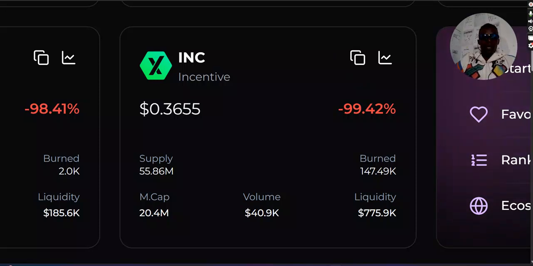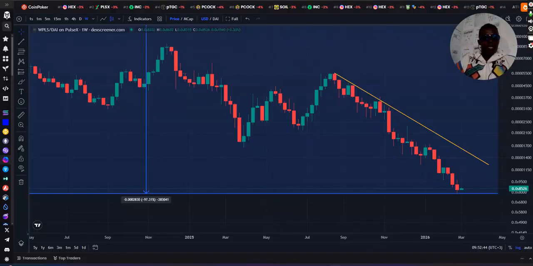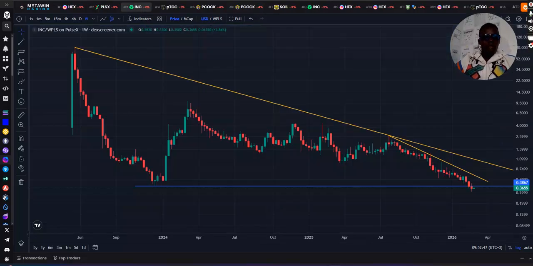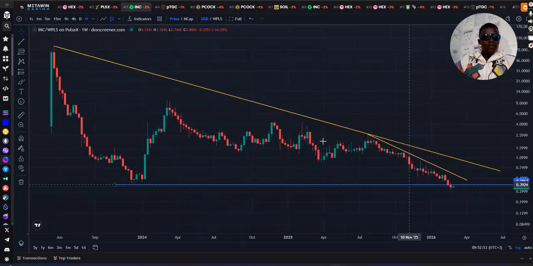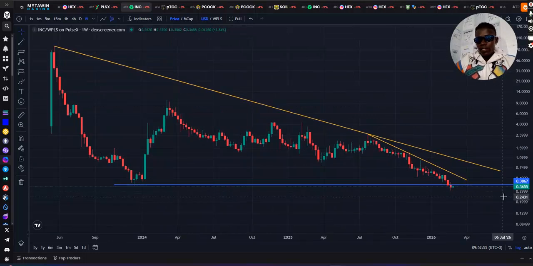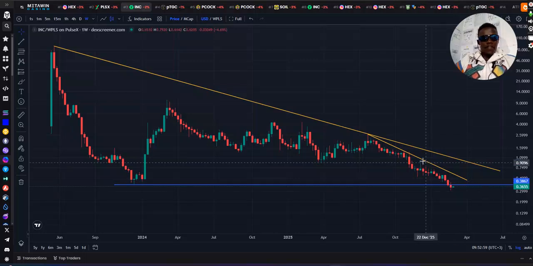Okay, now this is the price chart for the incentive token. It's trading at 0.3655.